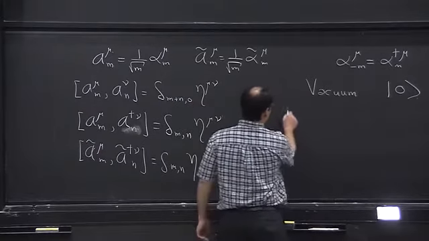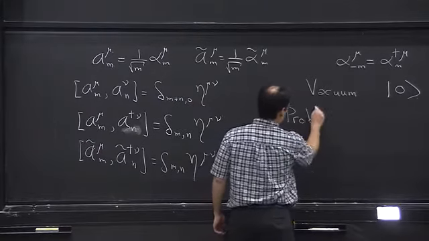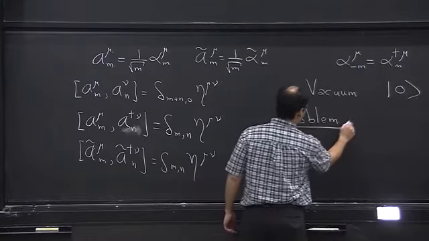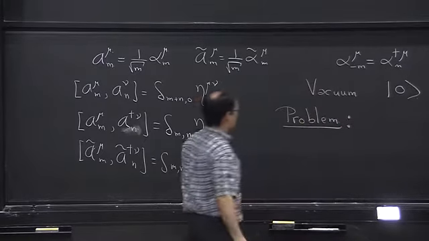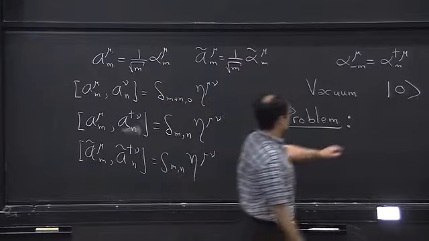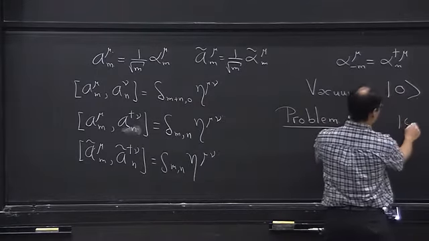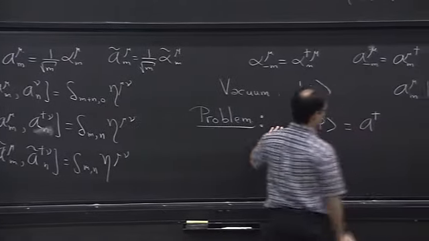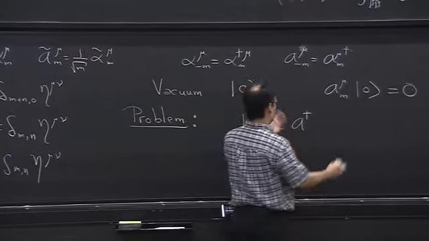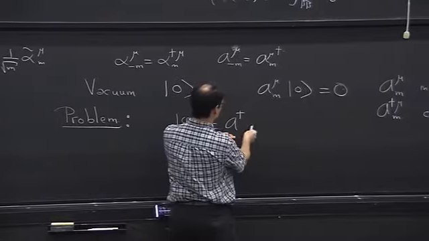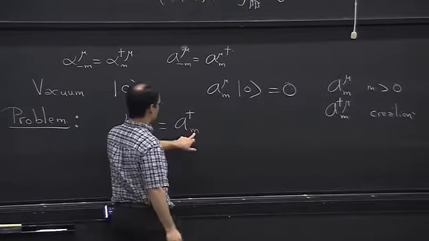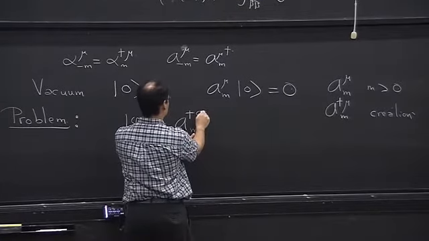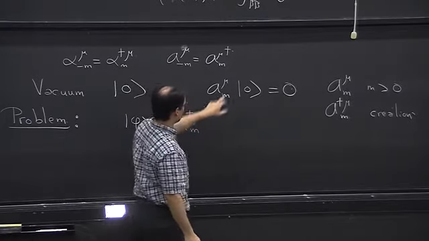But there is a problem already. So what's the problem? Let's study the following state. Imagine creating a state, anything you like, any m you like, but study the 0th component.